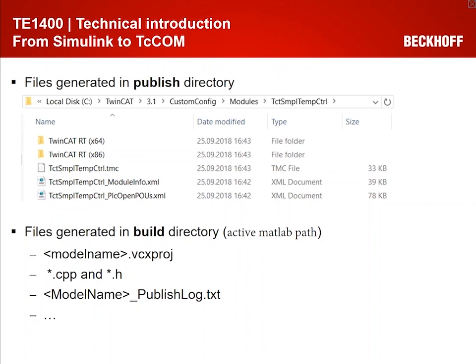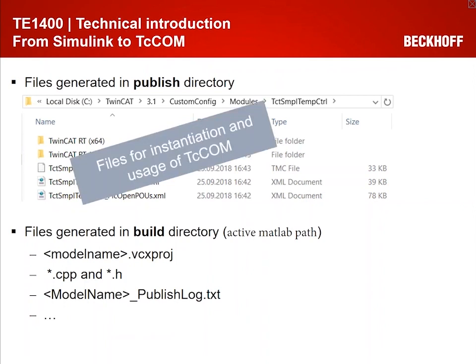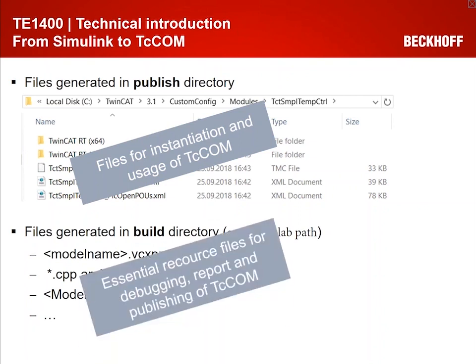Please provide at least the publish log. Better, of course, is to provide the Visual Studio project or the Simulink model. The files in the publish directory, the binary files, are for instantiation and the usage of TcCOM objects, and everything in the build directory are essential resource files for debugging, report, publishing of TcCOM, and so on.